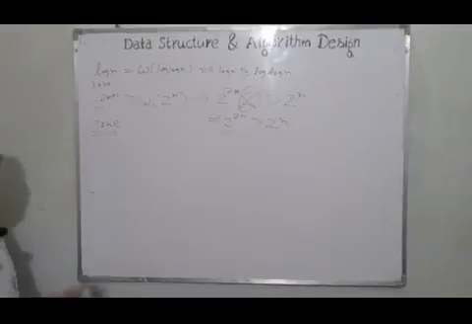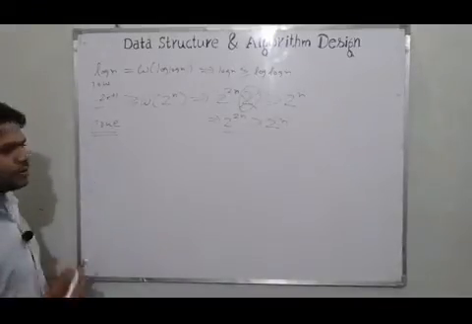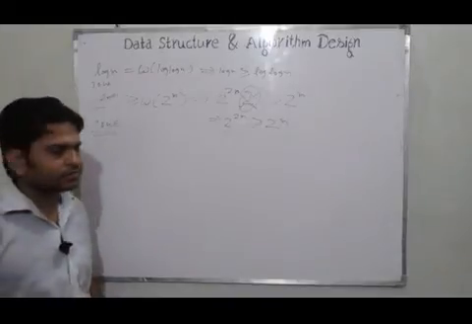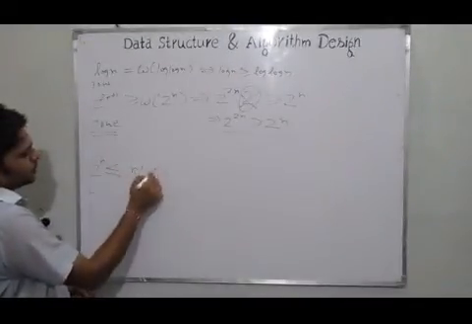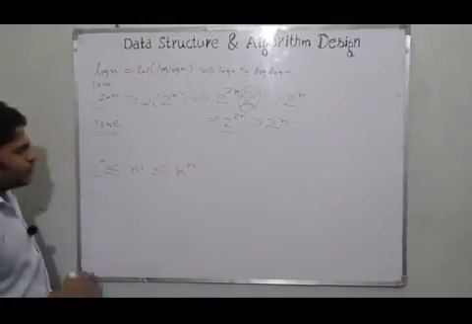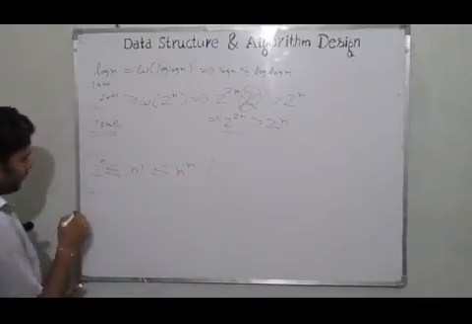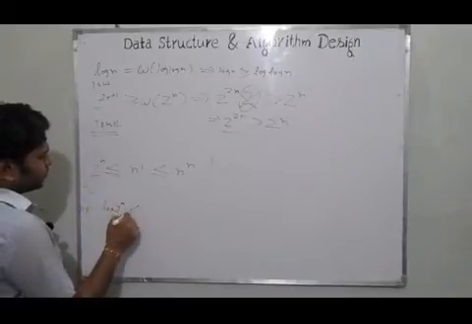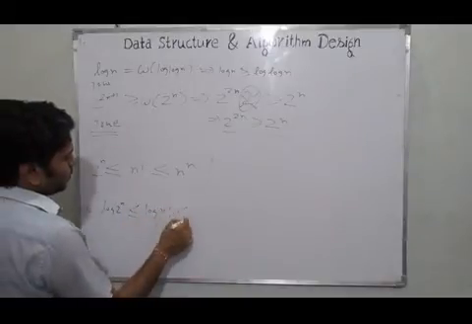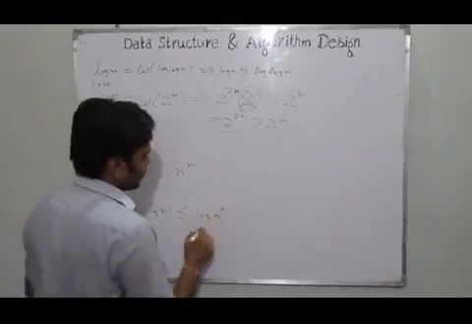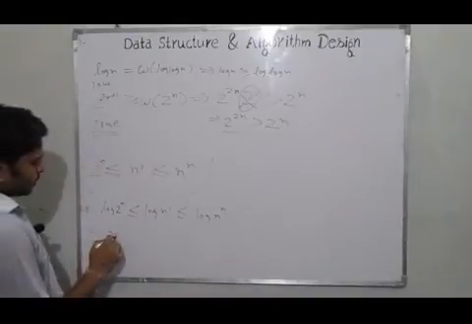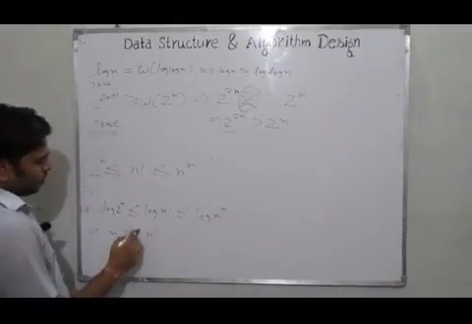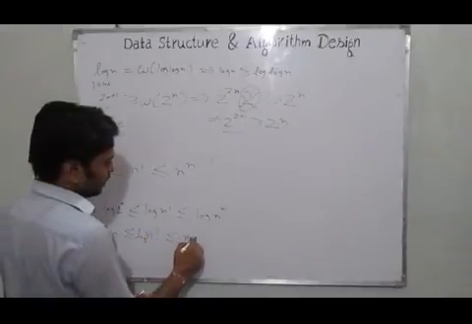Clear? And as we had seen a general expression in the earlier case, 2n is always less than or equal to n factorial, which is less than or equal to n raised to power n. And if we apply the log over this relation, we obtain n less than or equal to log n factorial, which is less than or equal to n log n.